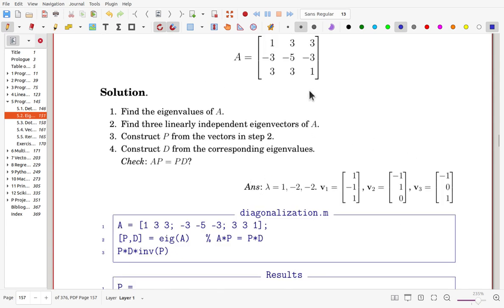Okay, now start with lambda is minus 2, then A minus lambda I must be the same as A plus 2I. That is the same here. Along the diagonal, we add 2, so that there is 3, 3, 3, and minus 3, minus 3, minus 3, again 3, 3, 3.